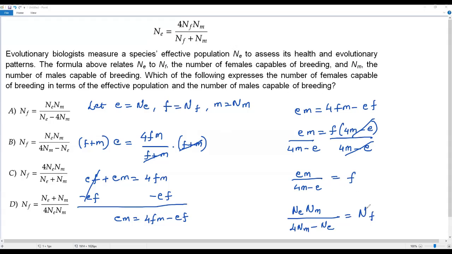I just solved for the number of females capable of breeding in terms of Ne, which represents the effective population, and in terms of the number of males capable of breeding, that is Nm. Among the given options, I find this in option B, that is NF equals Ne times Nm over 4 times Nm minus Ne. So the correct answer choice for this question is option B.